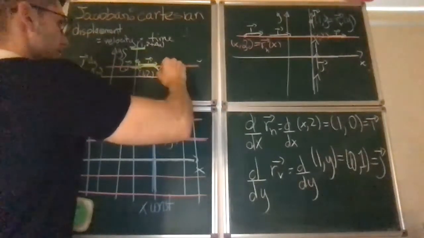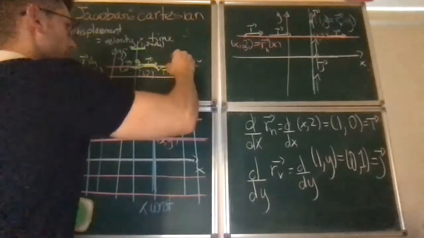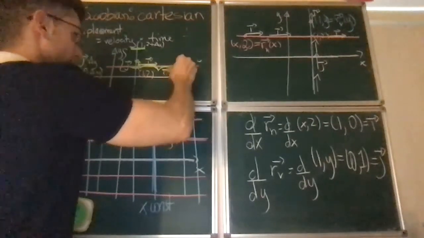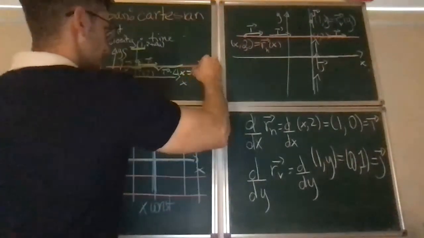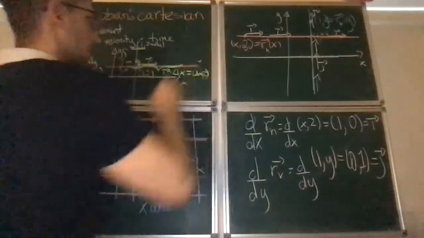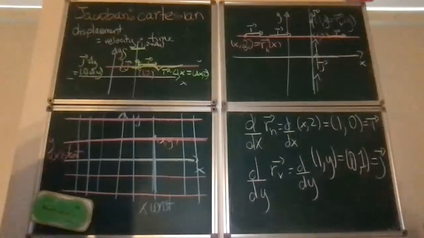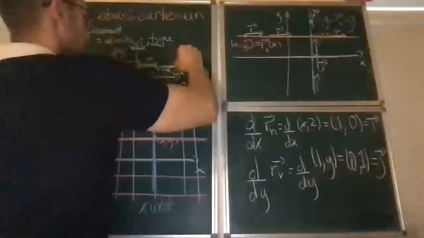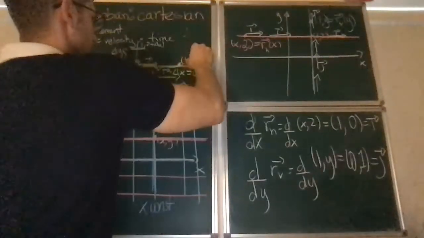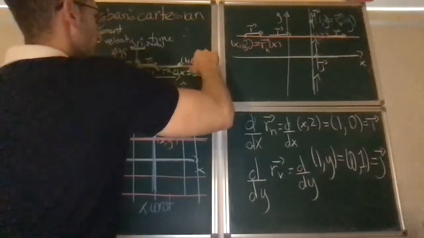So the displacement here is velocity, which is i, times delta t, but delta t is like delta x here. So that gives you the vector (delta x, 0). And so you get here to the point (1 plus delta x, 2).